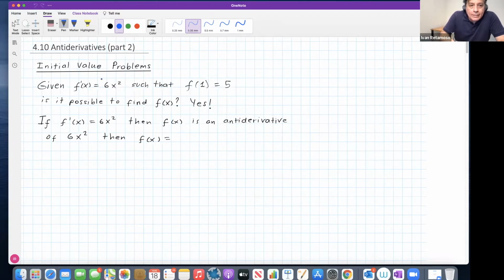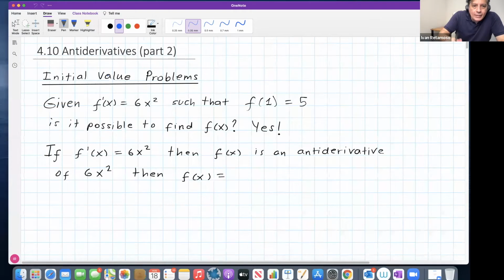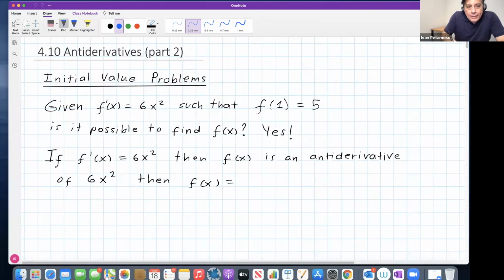For example, in this problem, they ask you to consider that the derivative of some function is 6x squared, and this is the initial value they give you: f evaluated at 1 is equal to 5. The challenge is to find the function whose derivative is this and satisfying this condition.